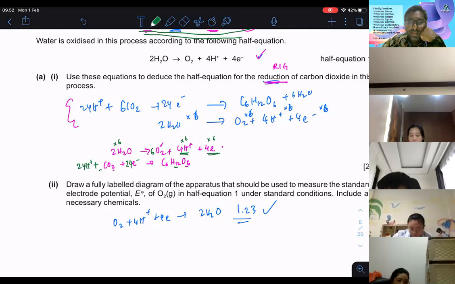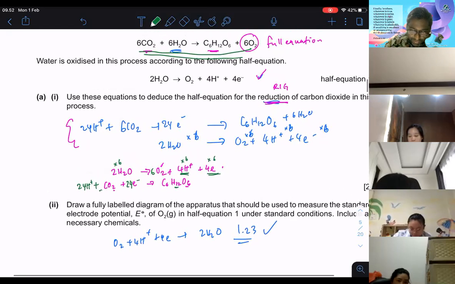The rest, I just need to double check whether everything is balanced or not. For example, when I look at carbon dioxide, there's 6. So of course I need 6 carbon dioxide over here to balance the equation. And then I notice that water is going to be here.